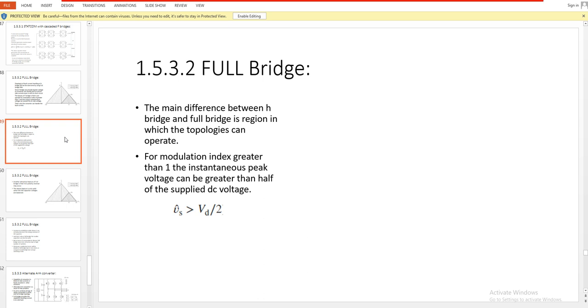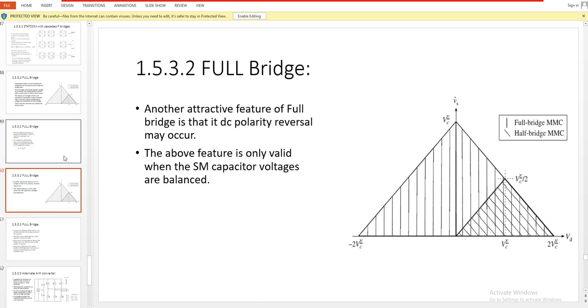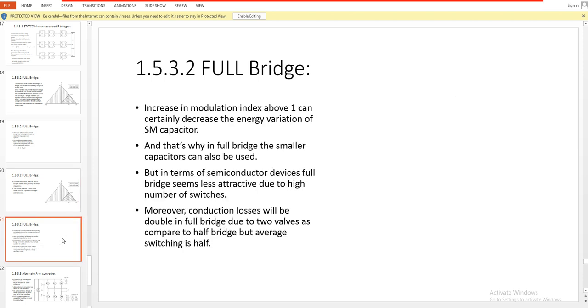If the current is reducing as compared to half bridge, then we are saying that the full bridge converter topology in a modular multi-level converter can basically control the fault current as compared to the half bridge submodule topology.